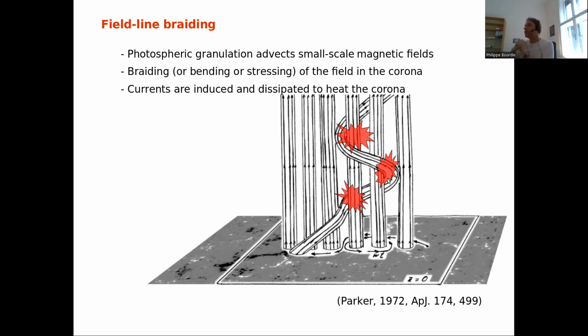And finally, these currents can be dissipated in the corona, because, even though the coronal plasma is mostly collisionless, it has electric resistance. So that means electric currents would heat the plasma locally in the corona. That is the general idea as Parker had it.